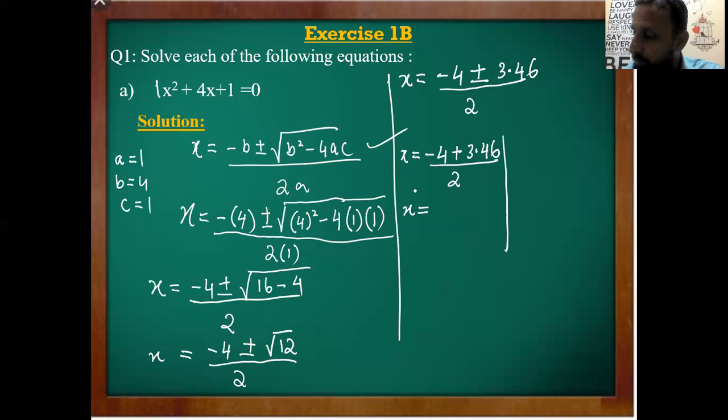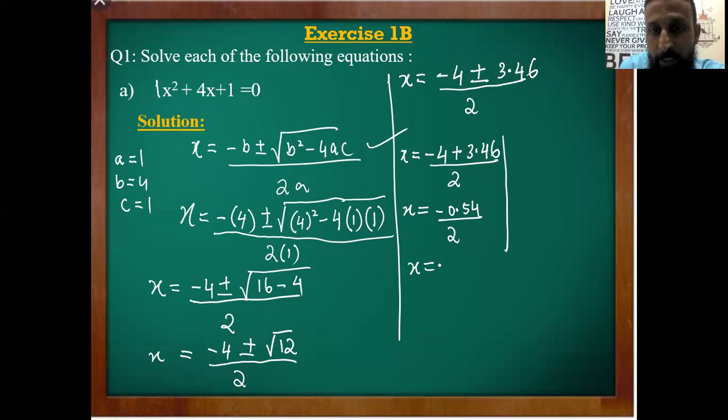Your answer is found to be negative 0.54 divided by 2. So when you divide this by 2, your answer is found to be negative 0.27. Make sure you are giving your answer correct to two decimal places.